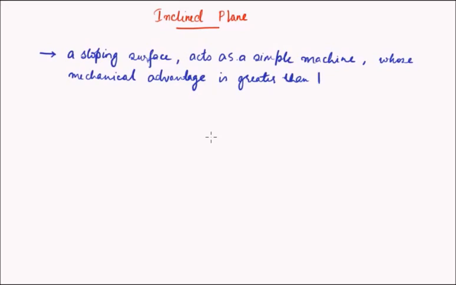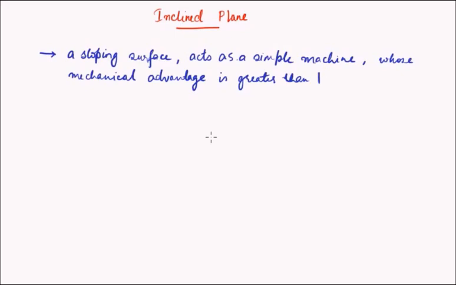Now, though the effort required to move the object using an inclined plane is less than it would have required to directly lift the object, the work done in both cases is the same. In fact, the work done in the case of an inclined plane can be more if there is friction caused by the inclined plane. Then additional work needs to be done to overcome the frictional forces. But in an ideal scenario, when there is no friction, the work is not changing.